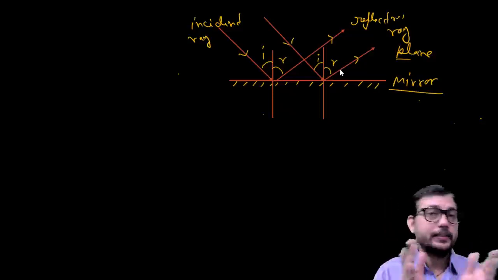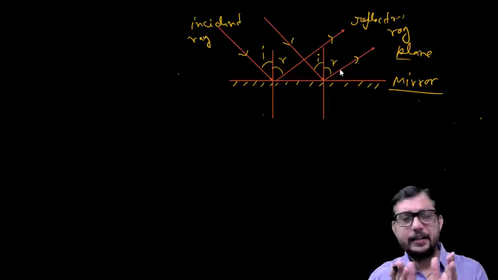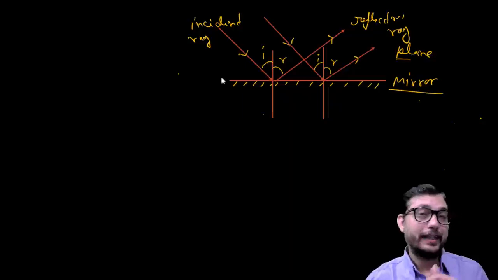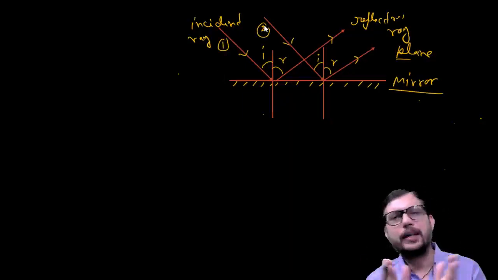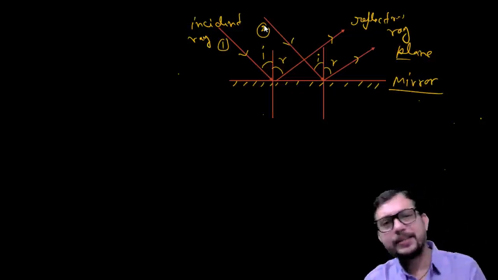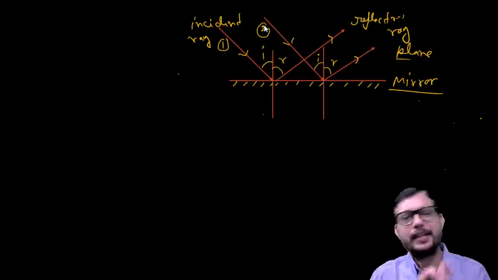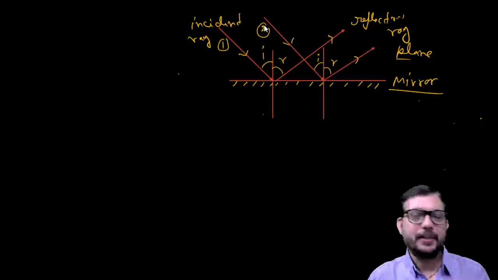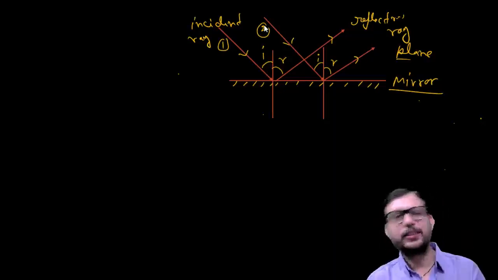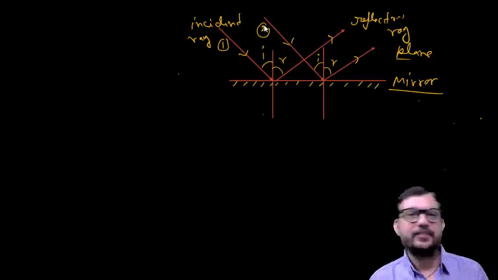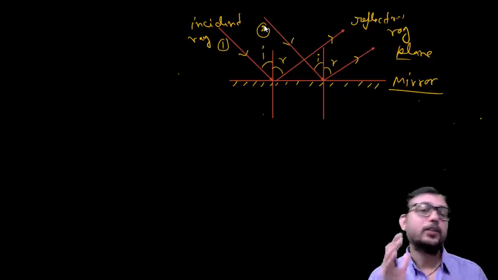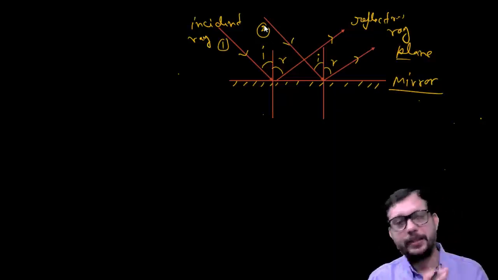Why are the angles I and R the same for ray 1 as well as for ray 2? Because both rays are parallel, and both are incident on the same mirror or same polished surface. This thing we have gone through in the previous chapter, which was ray optics.